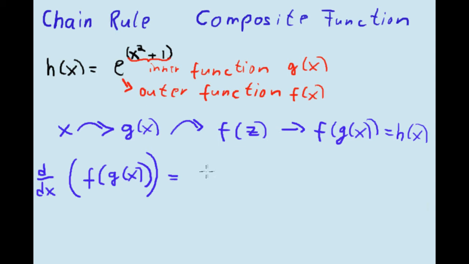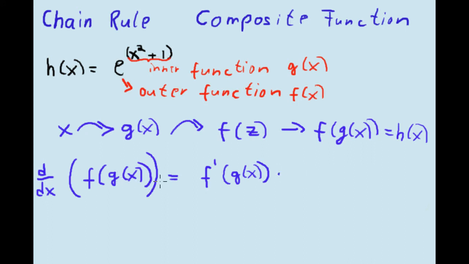What does that mean? That is simply outer function f prime, where in the step of taking the derivative you ignore the fact that there's a g of x in there. Yeah, that's what that means. So f prime of, but now when you're done with the prime, you plug g of x right back in. f prime of g of x times inner.